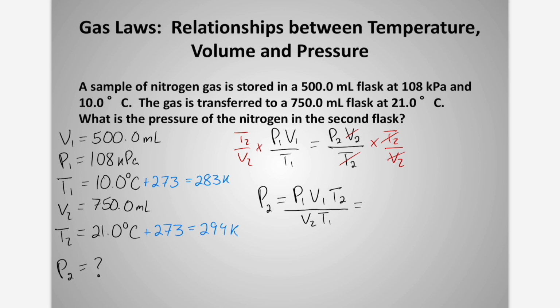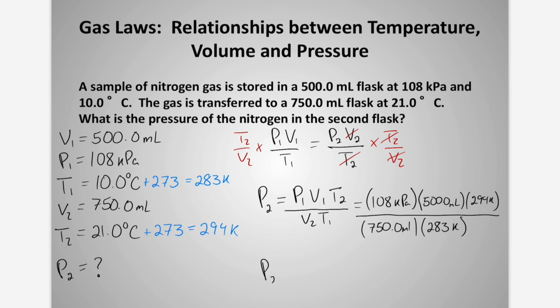And now we can just substitute and solve. And we get a second pressure of 74.8 kilopascals. And that's how we do calculations with the individual gas laws and the combined gas law.